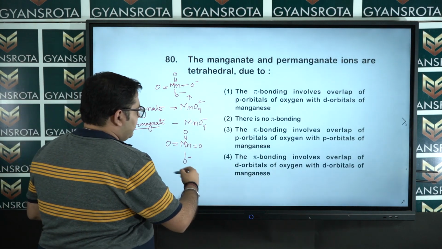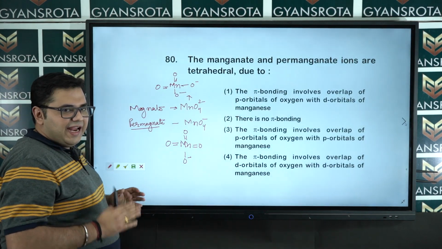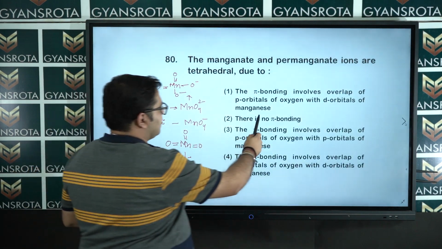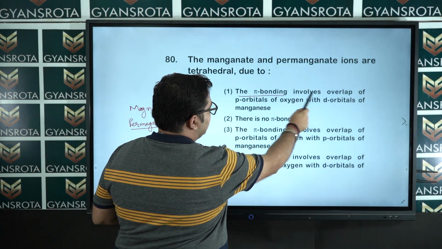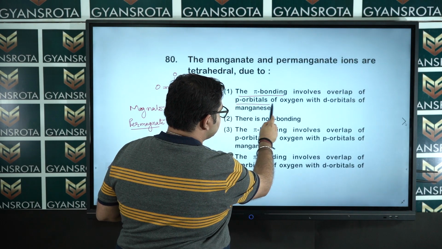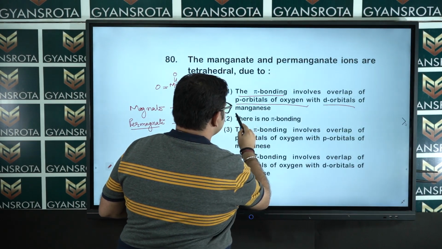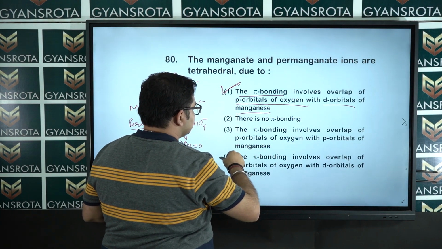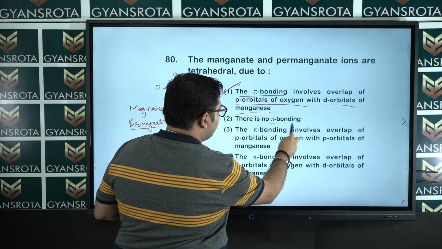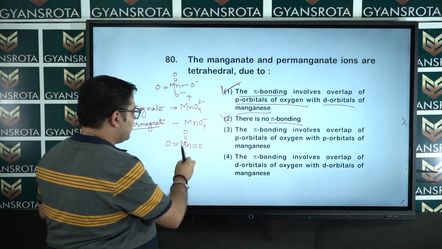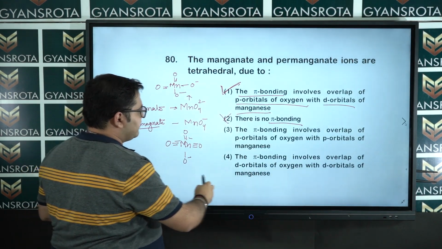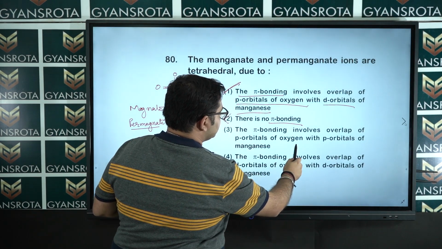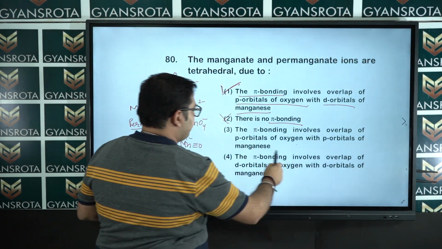Now these double bonds are formed by d pi and p pi bonding. In the first option, the pi bonding involves overlap of p orbitals of oxygen with d orbitals of manganese. So this is the correct statement. Option 2 says there is no pi bonding, which is completely wrong because we have already got the pi bonds. Option 3 says overlap of p orbitals of oxygen with the p orbitals of manganese.